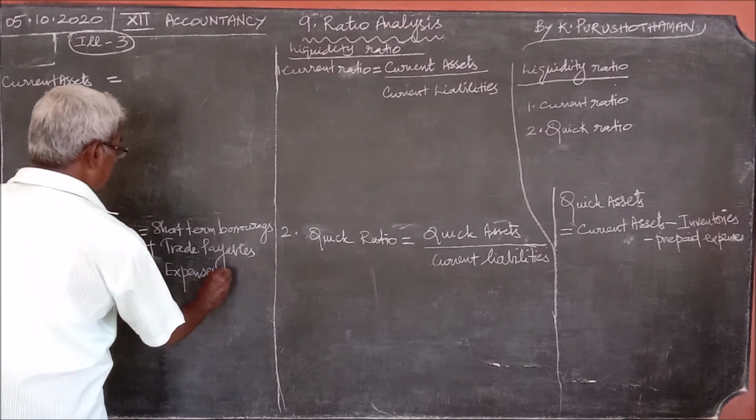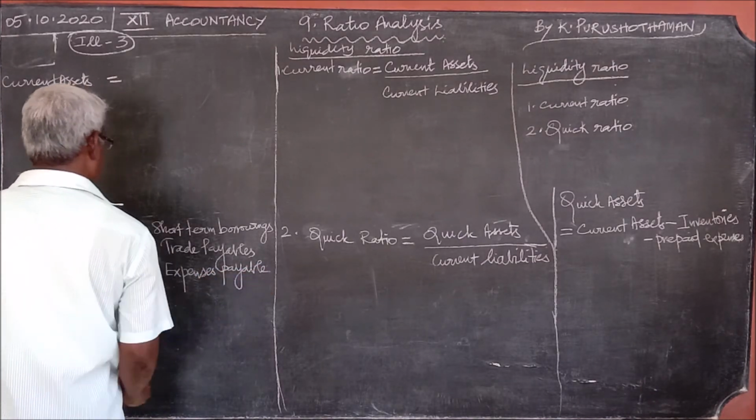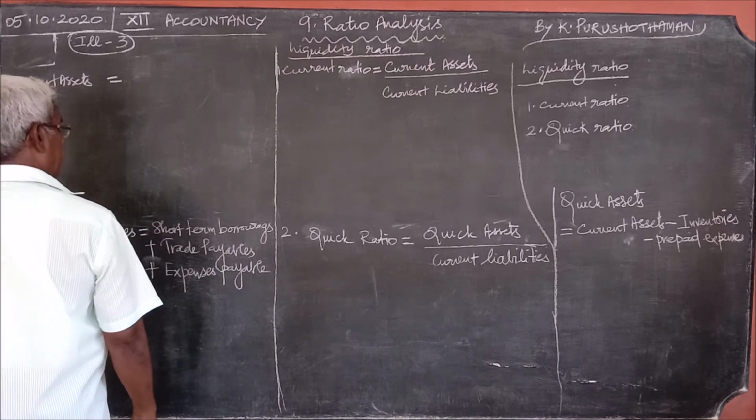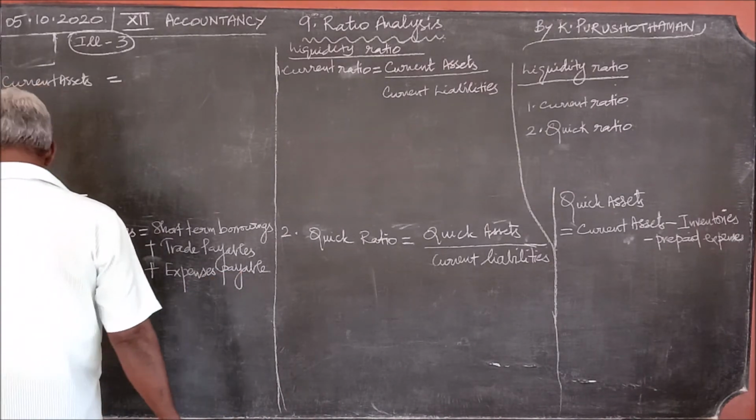This expenses payable is nothing but outstanding expenses. Expenses payable means the expense that has to be paid. Outstanding expense means pending expense. Both are one and the same.